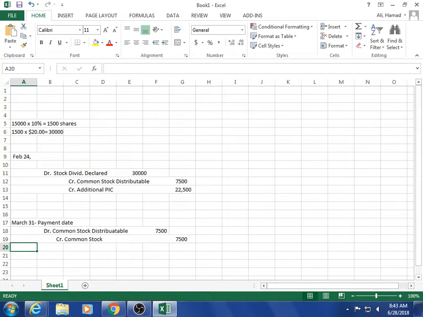If we split each one into 2, we'll have 30,000 shares. And the par value becomes 2.5. So the total does not change, except the number of shares will increase.